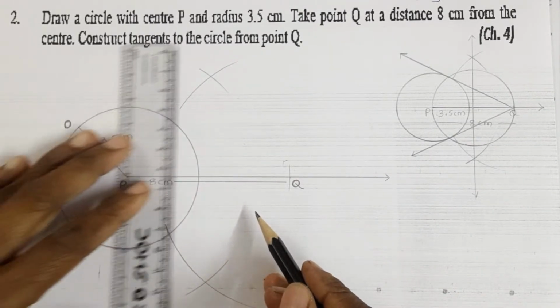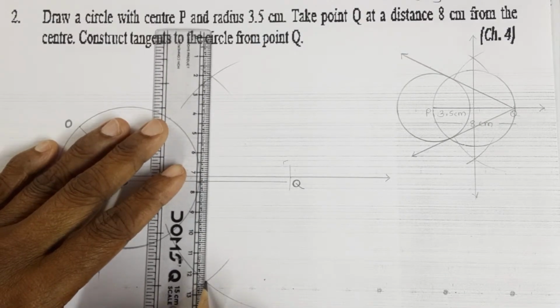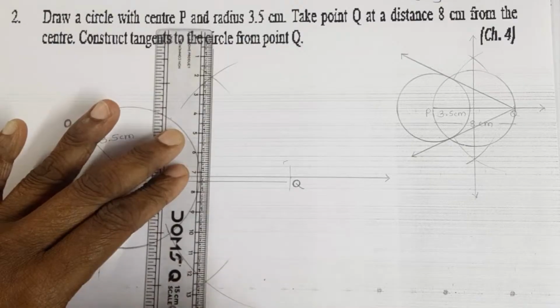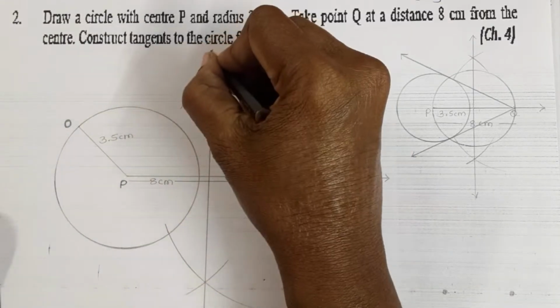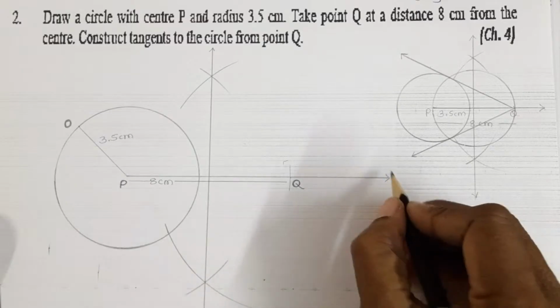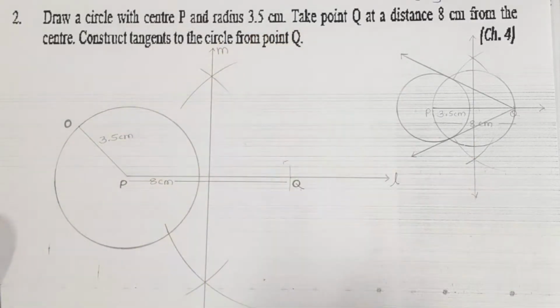Then join these arcs, draw the line this way. Now here, students, name this line as L, this line as M.